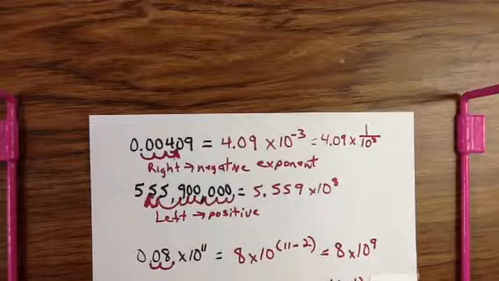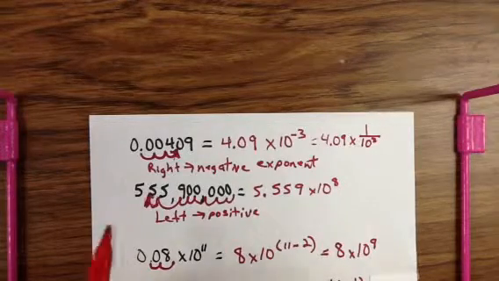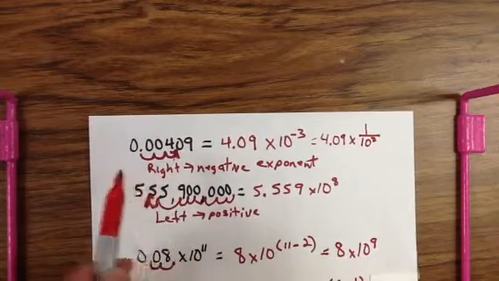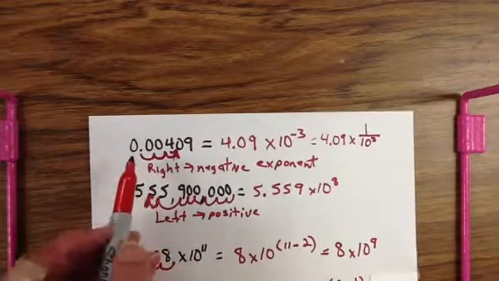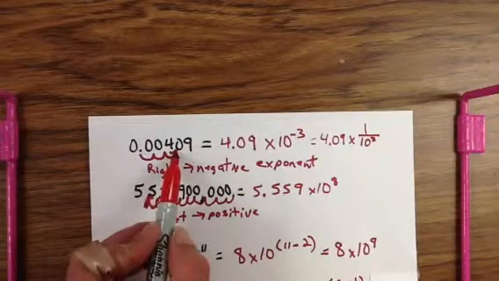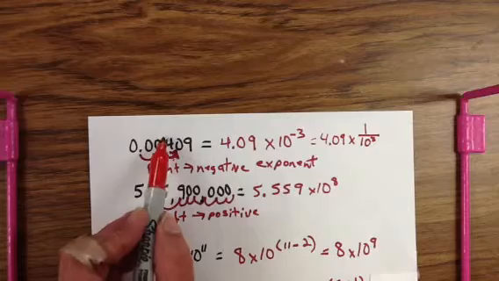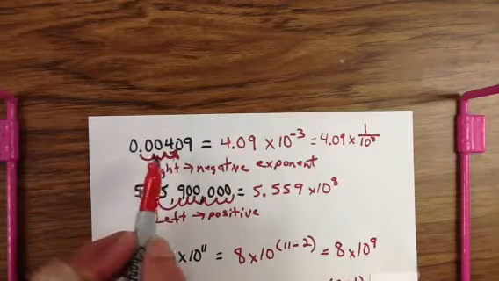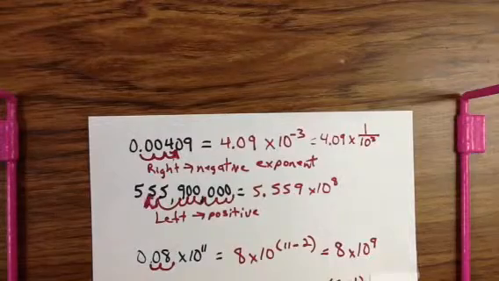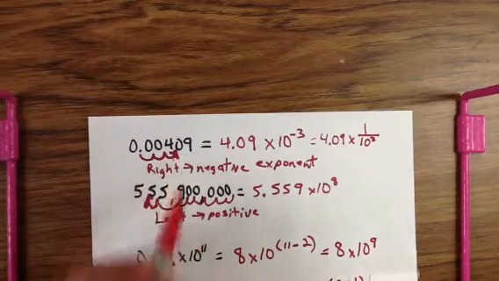Okay, so I put a little reminder here that if you have to move your decimal this way to get your first factor to where it is lower than 10 and greater than or equal to 1, what you're really doing is multiplying that.